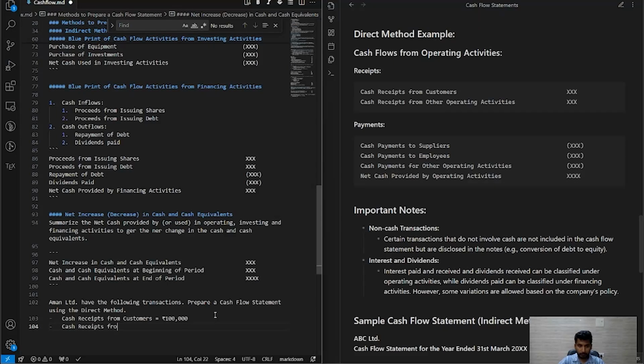Cash receipts from other operating activities, let us suppose, will be rupees 50,000.